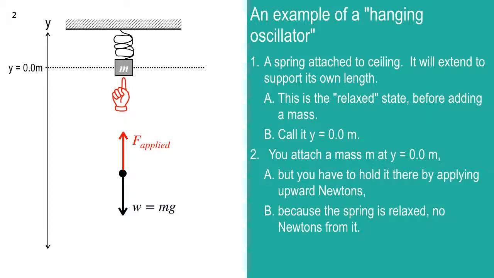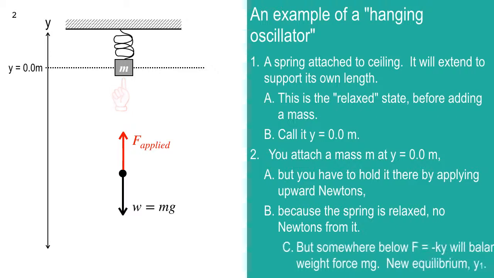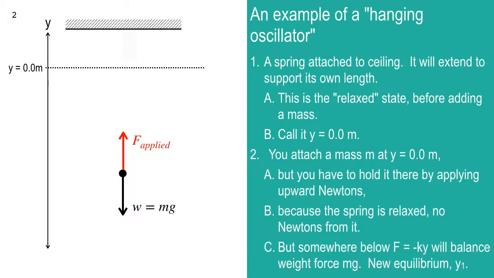And so what this means is, as soon as you release it, there's going to be a position y1 below there, and I'll just type it in. Here it is, at which the spring force, minus ky, is going to be upward, because all these y's are negative.